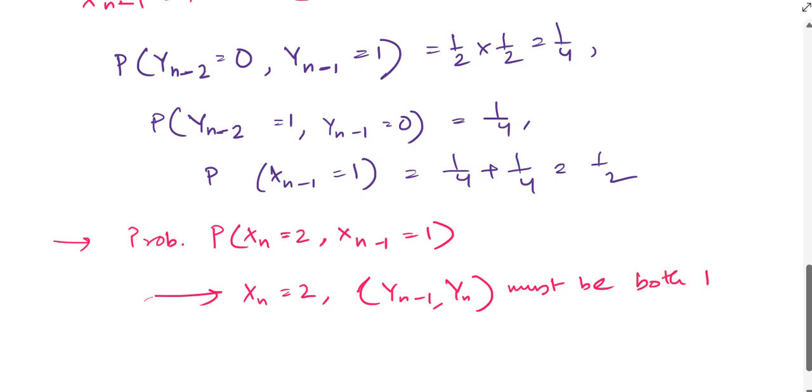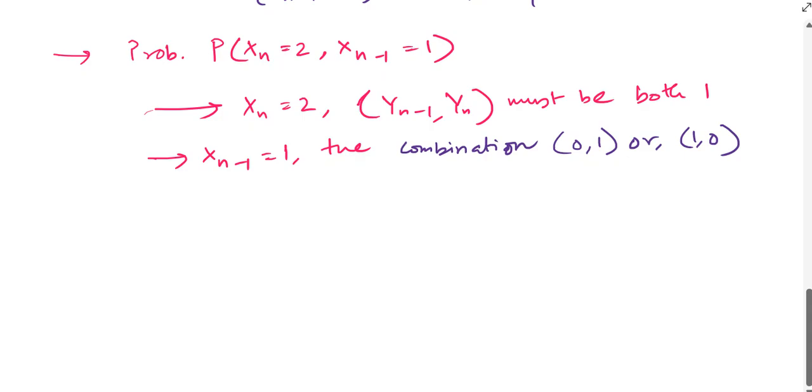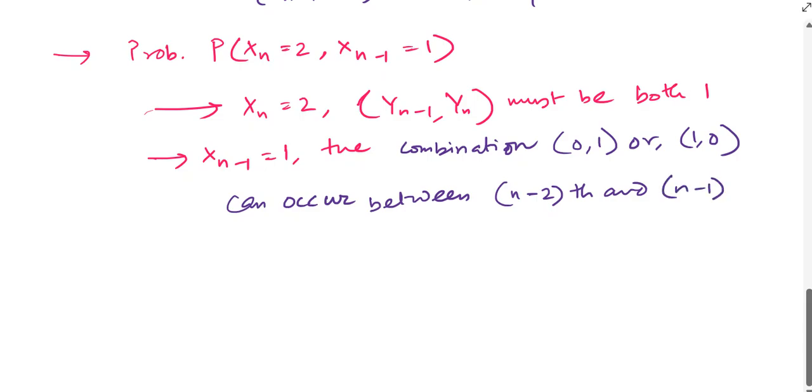For xn minus 1 equals 1, the combination 0 1 or 1 0 can occur between the n minus 2th and n minus 1th tosses.